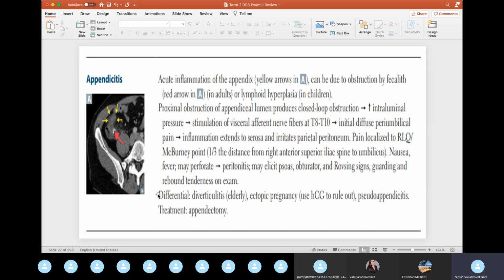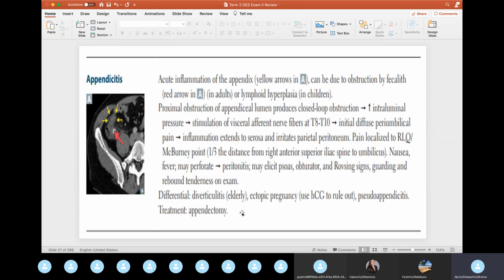So there are other causes of pain in your right lower quadrant, so you need to have a differential. It can be diverticulitis in the elderly. First you have diverticulosis, right? So you have increased intraluminal pressure of your large intestine, so you have the outpouching of your haustra there.